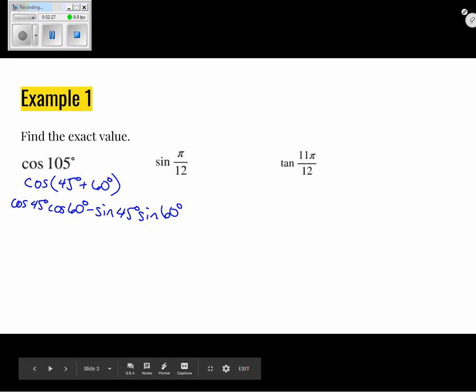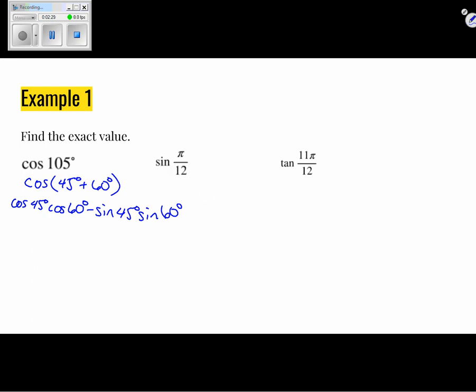And from here, these are just the basic trig functions that we've been having quizzes over. You've got to know these values. So I just go through and pencil in these values. Square root of 2 over 2. Cosine of 60, I do believe is 1/2. Correct me if I'm wrong later, after the video.